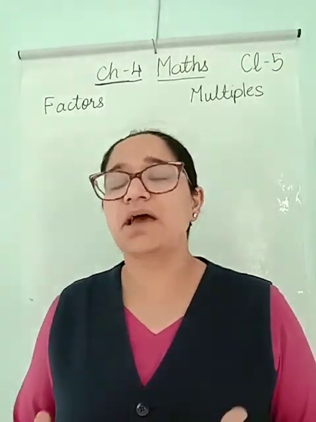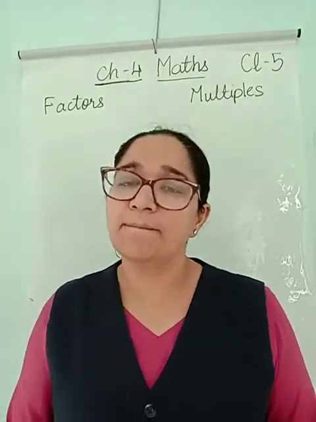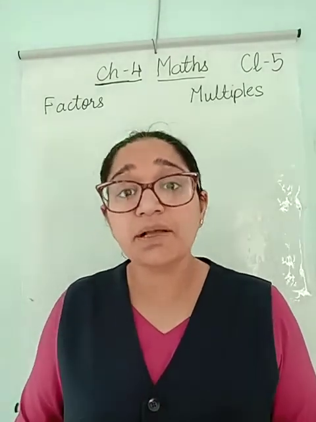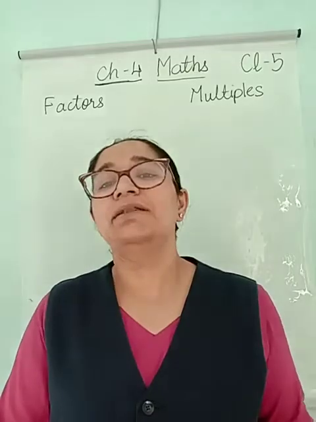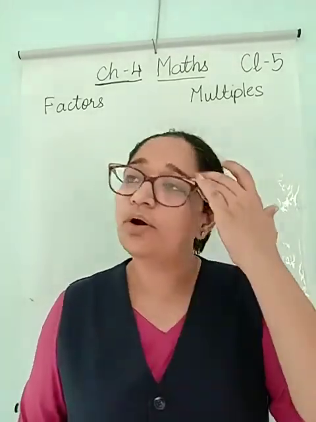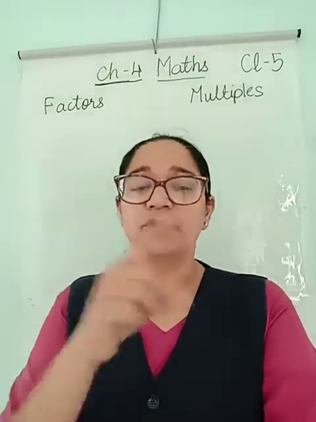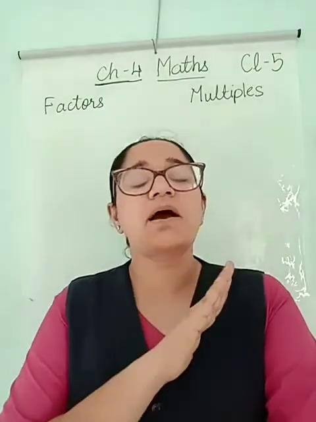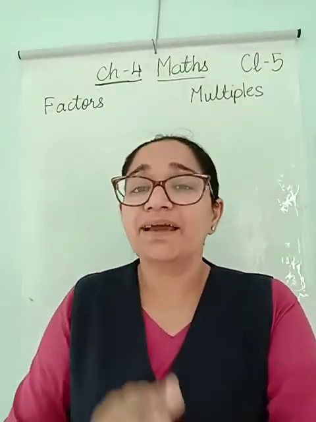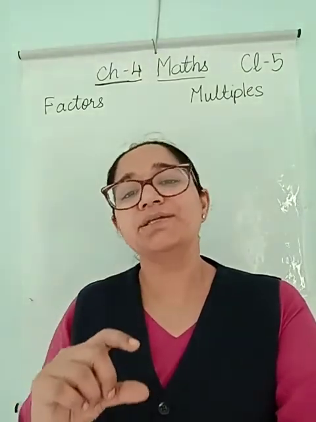Now factors are the numbers, you can say the tables in which the number I will be giving you will come. So you can say that a factor is the number by which the given number is completely divisible. Completely divisible means when I divide the number, I get remainder 0.